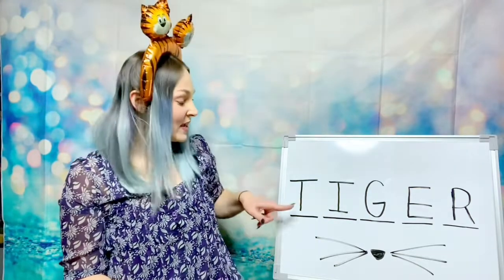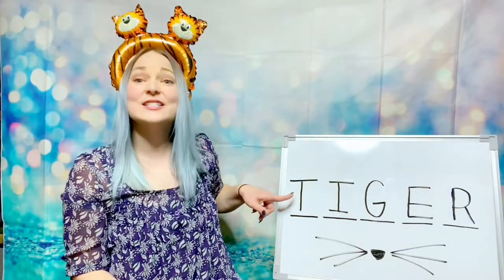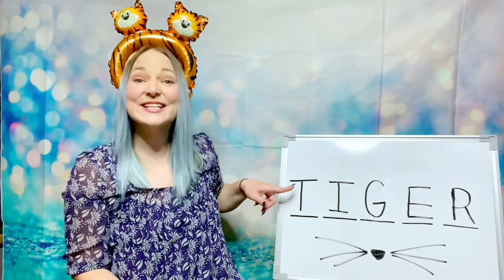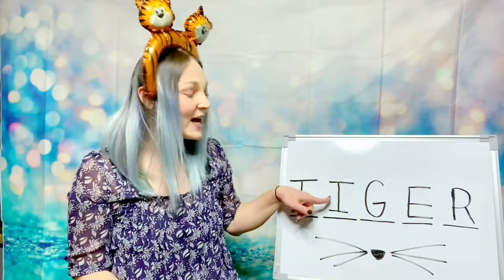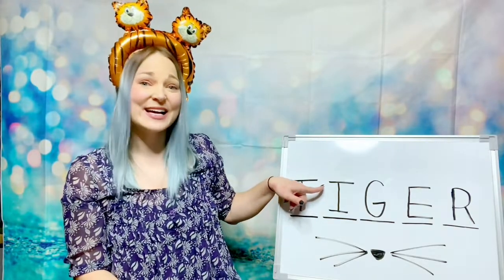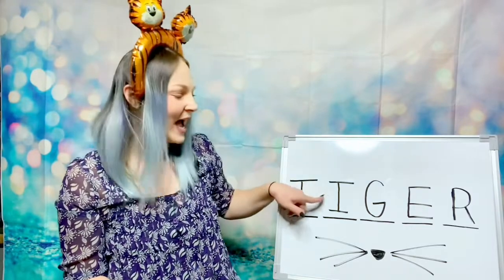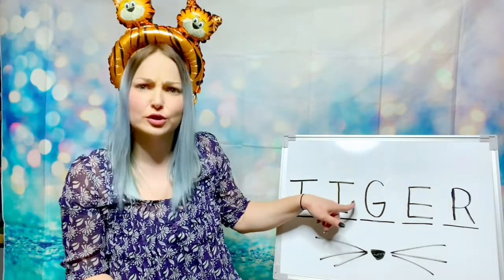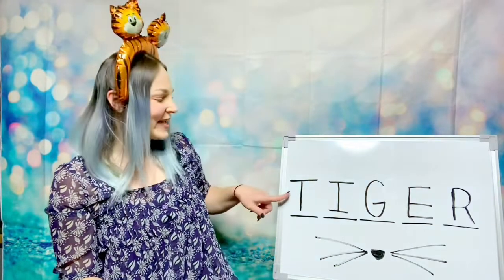Let's see if we know these letters before we get started. This is the letter that tiger starts with. Do you know what it is? The letter T. T for tiger, that's right. I. G for grrr.